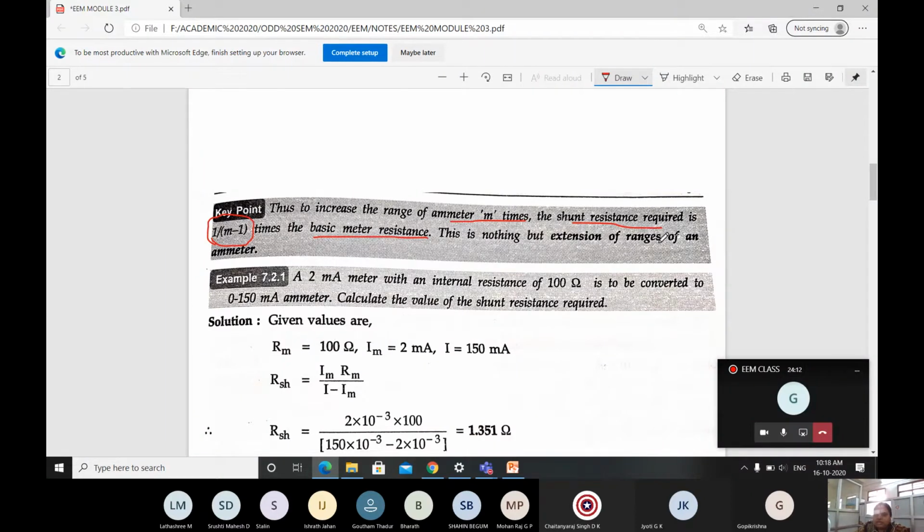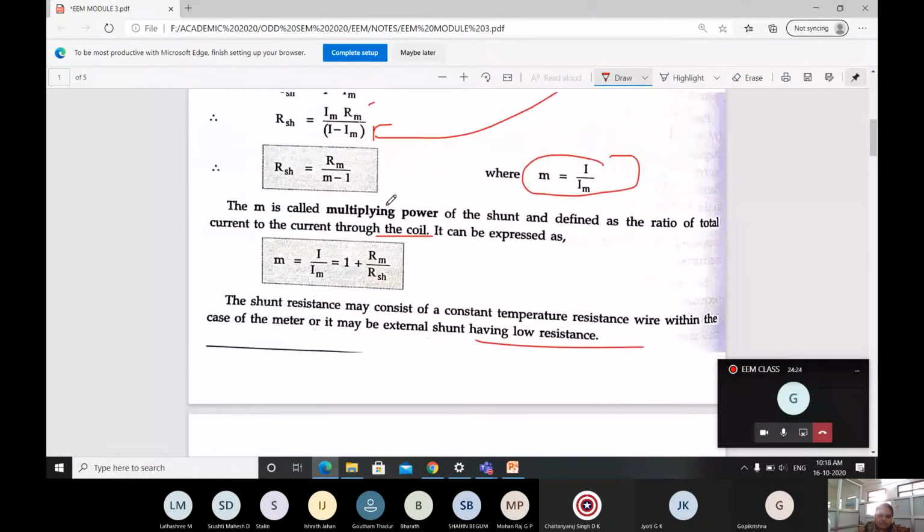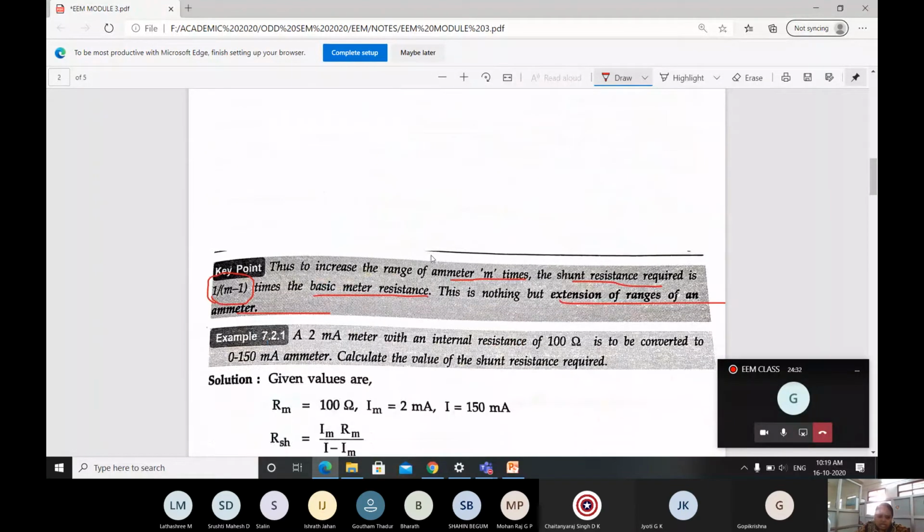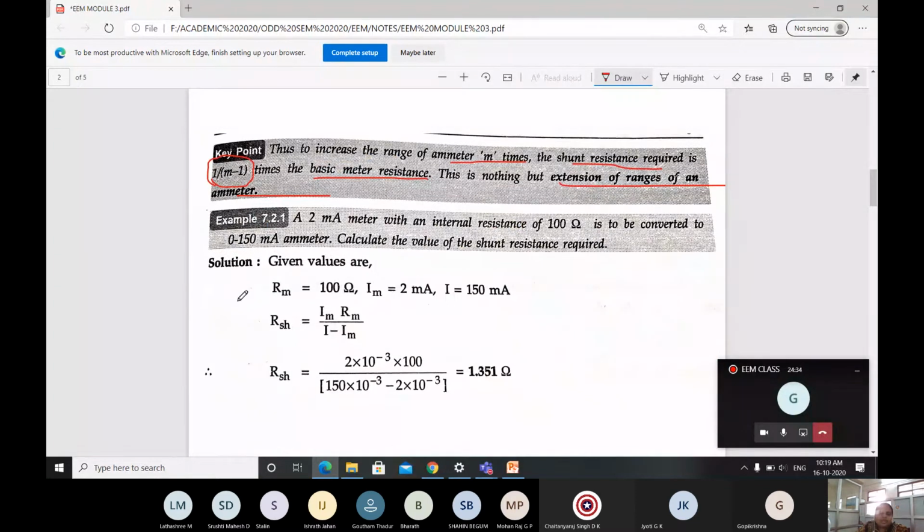And this is nothing but the extension of ranges of an ammeter. What we derived is in terms of resistance: based on the resistance we can extend our ammeter range. Here a small problem is given.